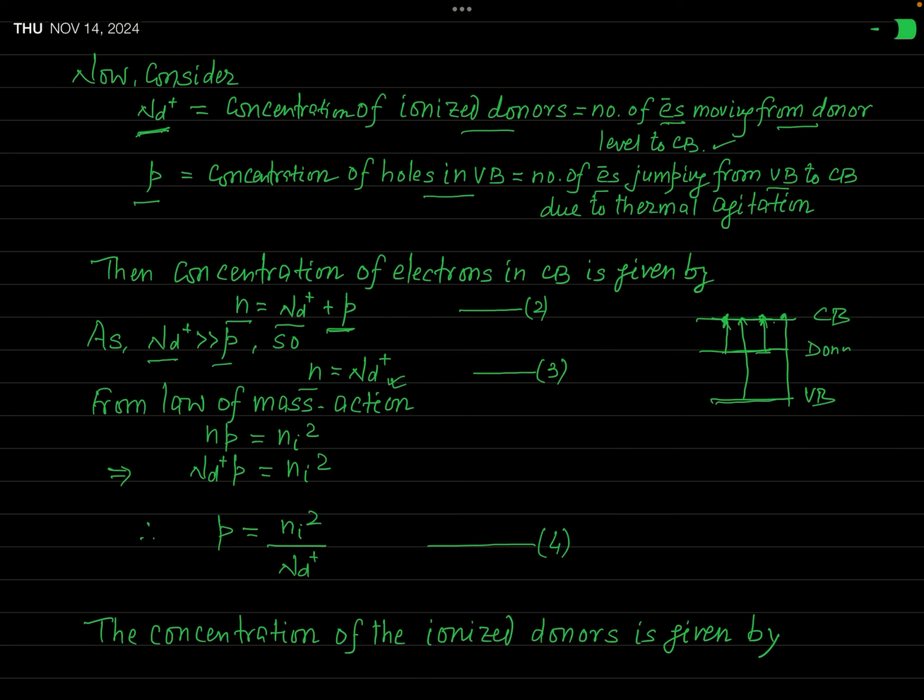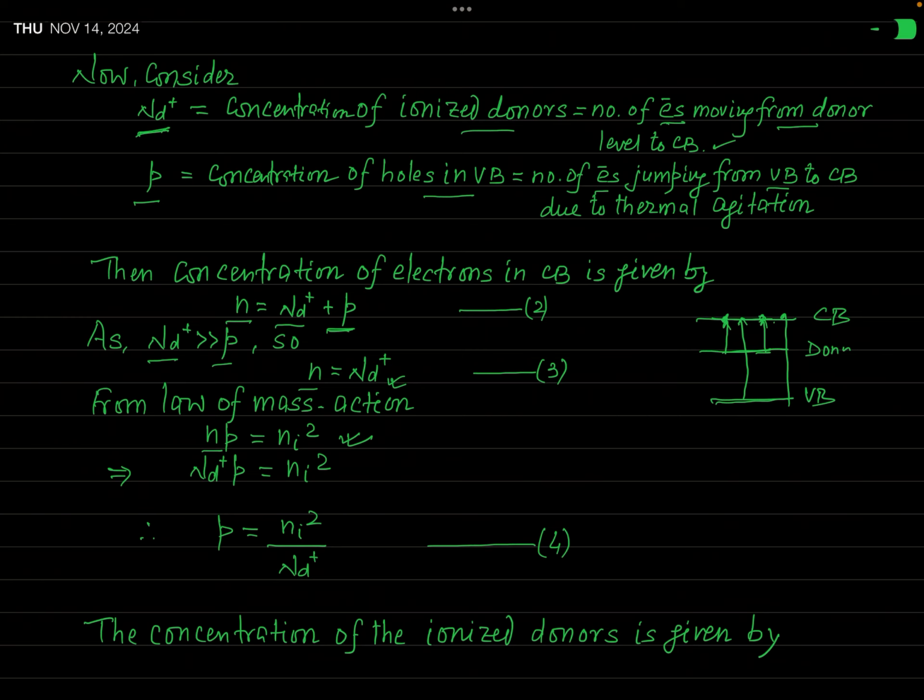But you know from the law of mass action that if a sufficient number of donors are present to produce electrons in the conduction band, the concentration of thermally generated holes gets suppressed as a consequence of the law of mass action. Because in accordance with the law of mass action, N times P is equal to Ni squared.